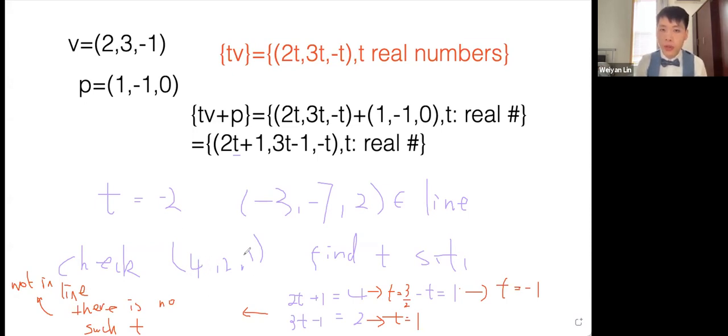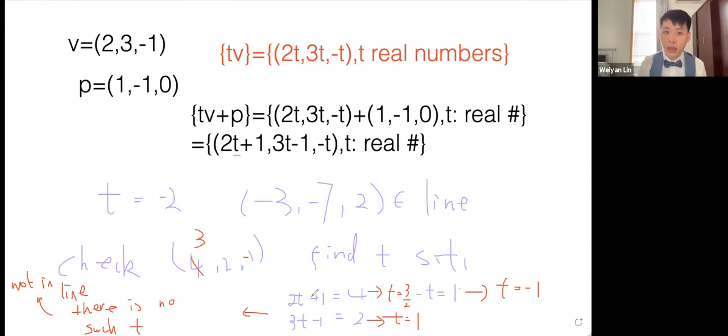So this 4, 2, 1 is not in the line, but let's say we change 4 to 3 and make it 3, 2, minus 1. In this case this point would be in the line.